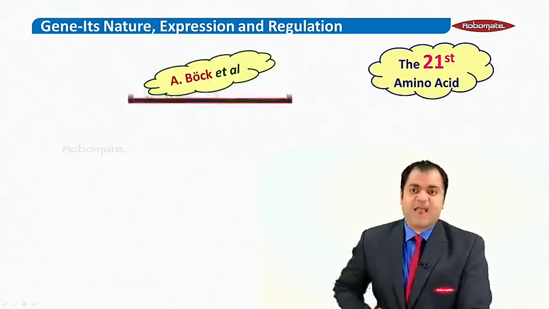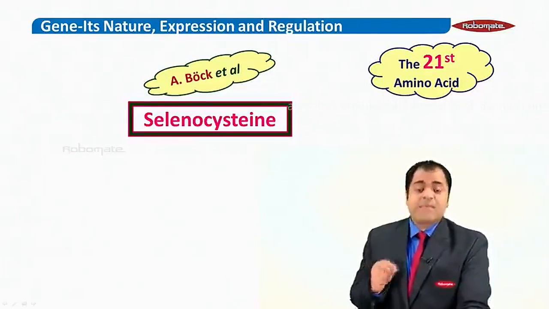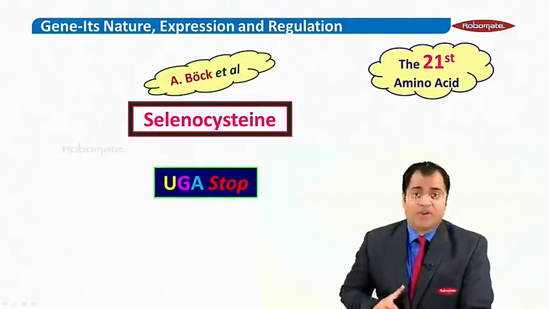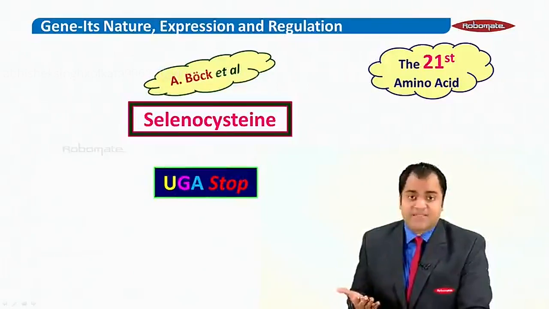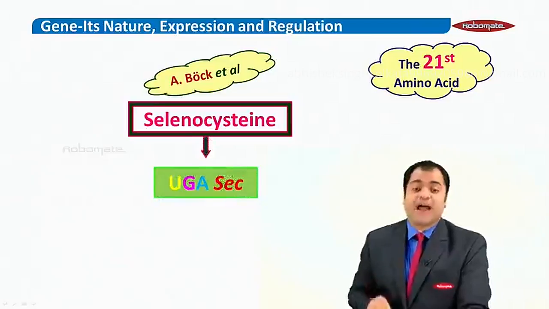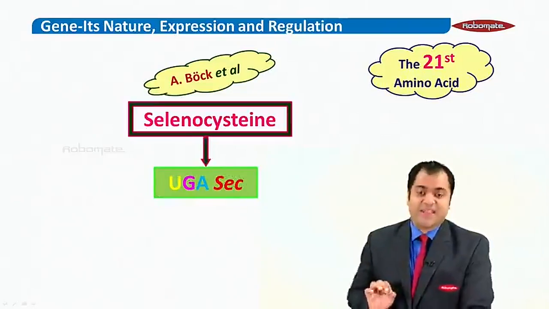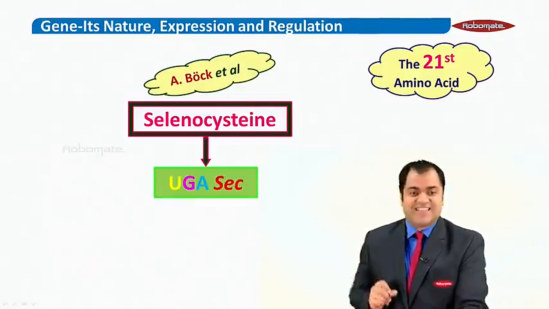The name of this amino acid was selenocysteine. Now remember, we had a stop codon which is UGA because it does not code for any amino acid. But surprisingly, selenocysteine is coded by UGA. And for selenocysteine, the 3-letter code is SEC.